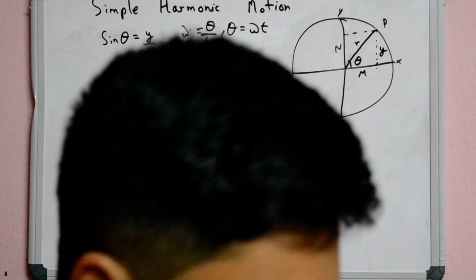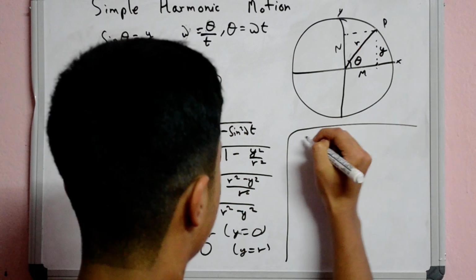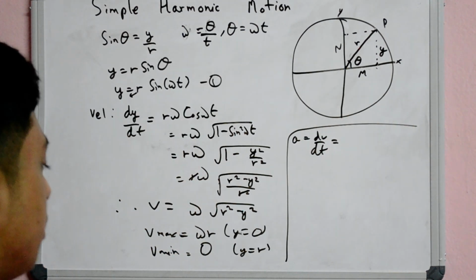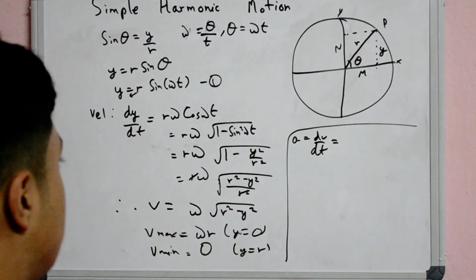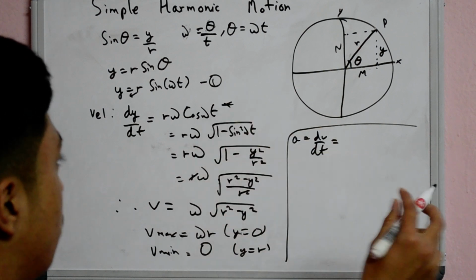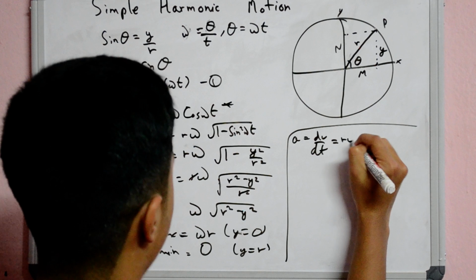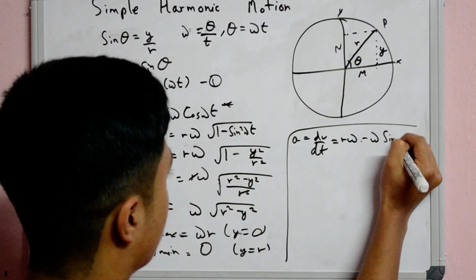Here again, if you differentiate velocity, we get acceleration. Now, differentiating this whole expression would be a bit of work. So what about just taking the derivative right here, which gives us r omega into, using the chain rule, minus omega sine omega t.